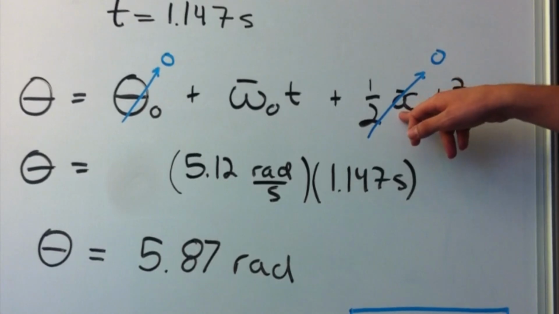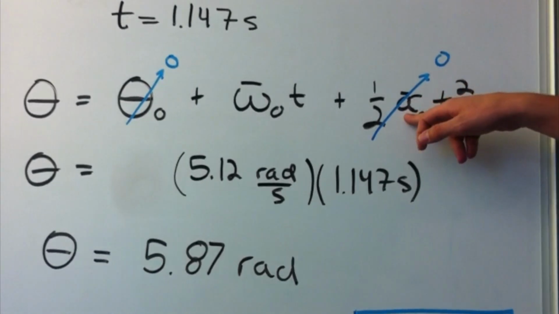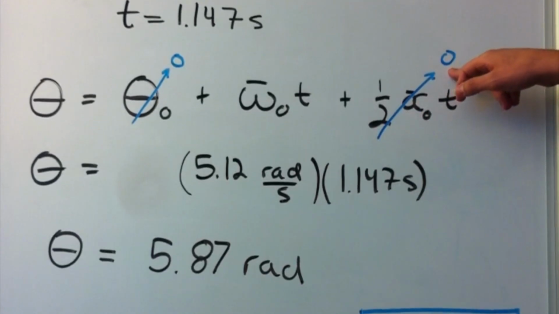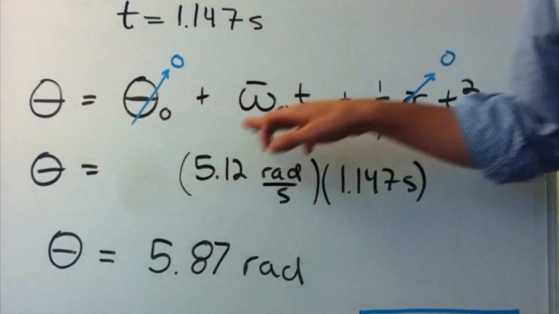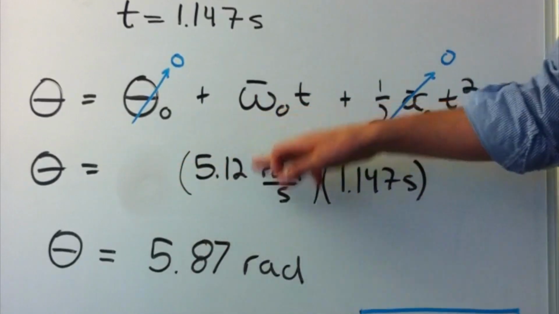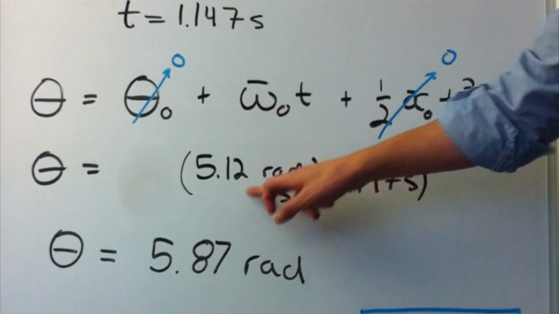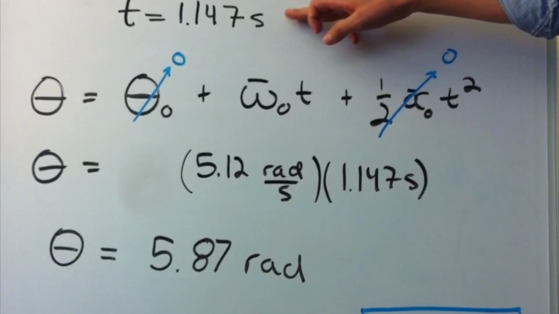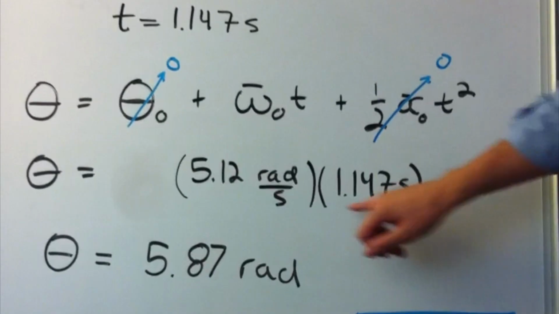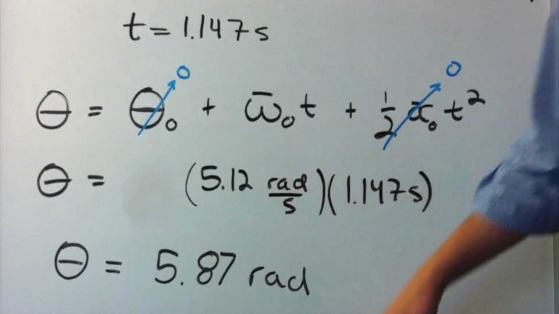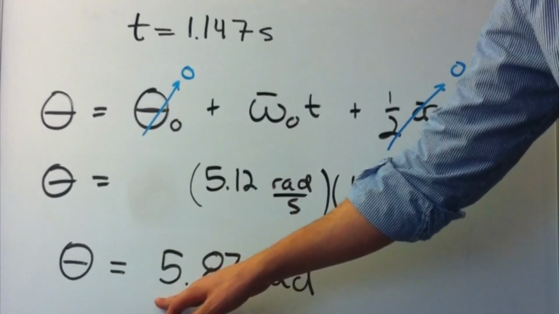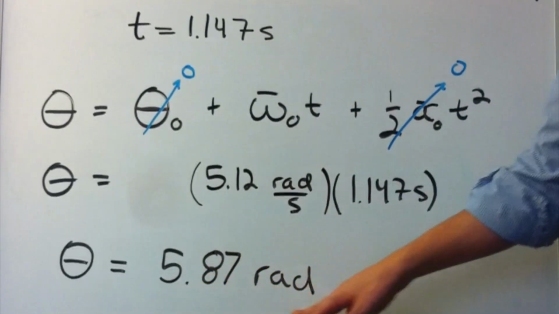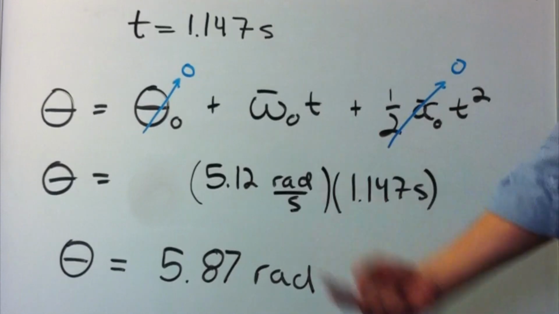We assumed that the angular acceleration is 0 since he's staying rigid, so this is just going to go to 0. So it's simply theta equals omega naught, which we found is 5.12, times t, which we found up here, 1.147 seconds. The seconds cancel out, so all we're going to get is radians. So our theta is 5.87 radians. That's how many radians he's going to travel.